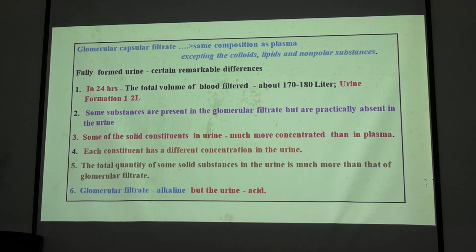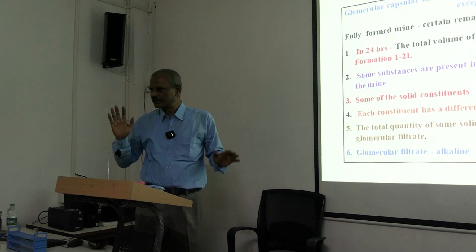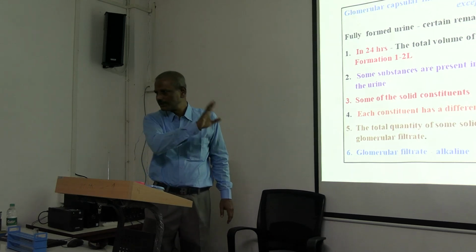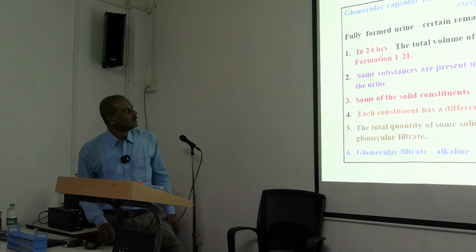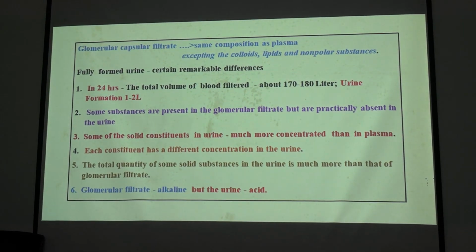So fully formed urine, as I told you, is quite different from the composition of plasma. These are now in writing. Note down. In 24 hours, as I told you, the total volume of blood filtered, basically the glomerular filtrate, is about 178 to 180 liters. There will be some variation because we take variable amounts of water.